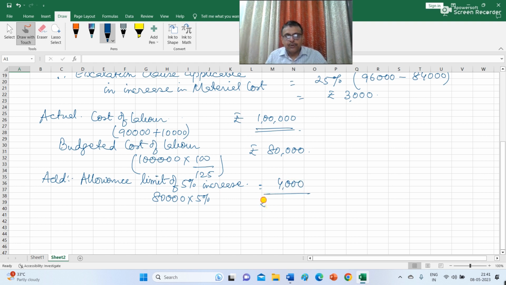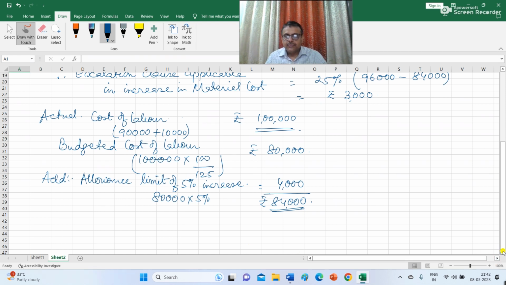So up to 84,000 in the labor cost, there will be no increase in the value of contract for increase in labor cost. But actually, the labor cost has increased from 84,000 to 1 lakh. So there is an increase of rupees 16,000.